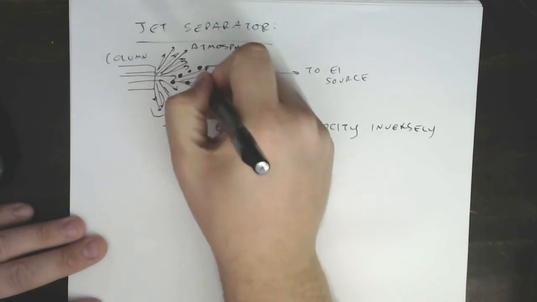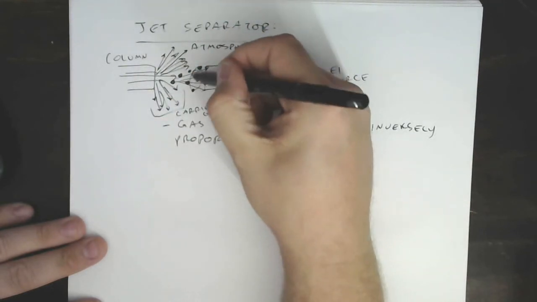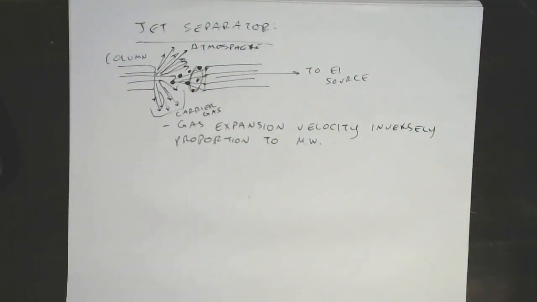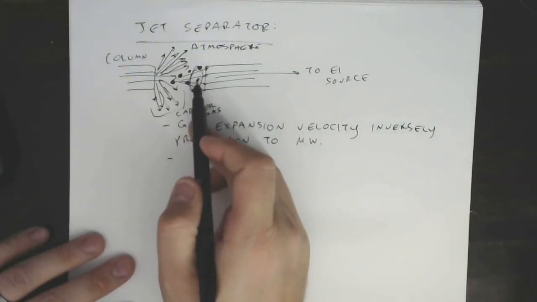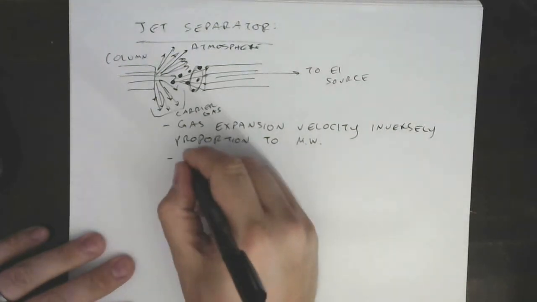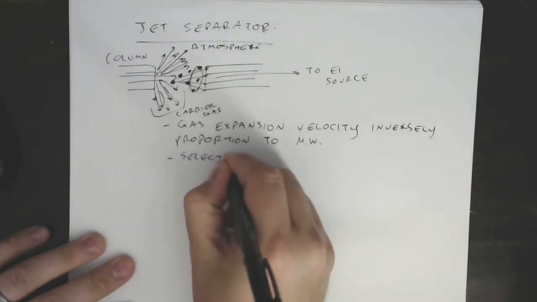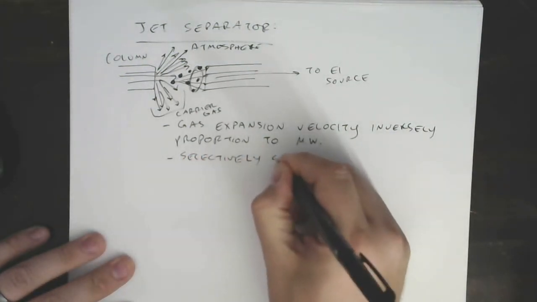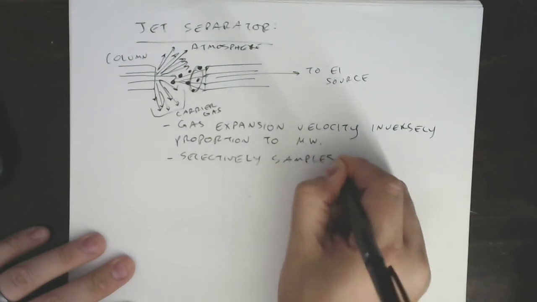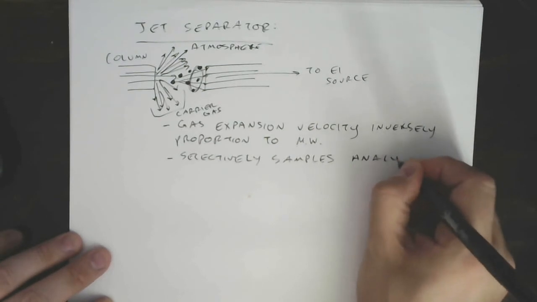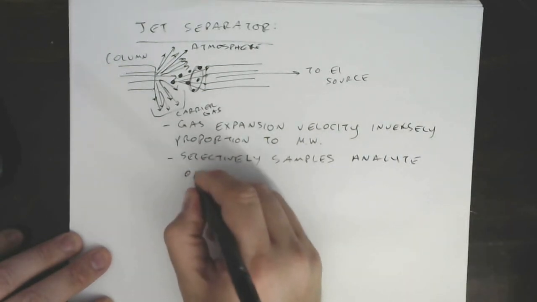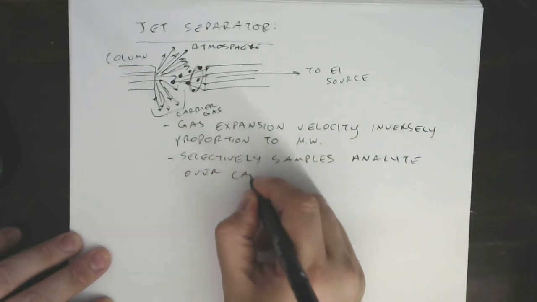Some of it's going to get in there, but you're going to selectively sample from a region that is more sample, heavier molecular weight than carrier gas, right? So this thing selectively samples analyte over carrier gas.